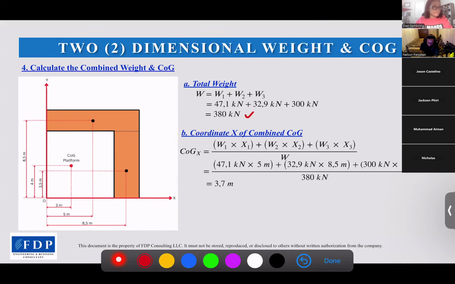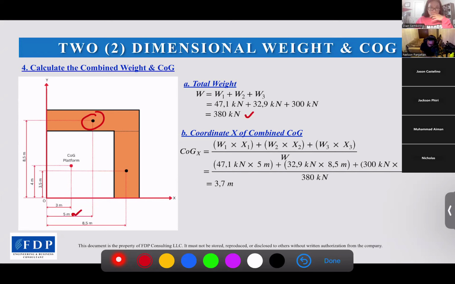For the coordinate x of the COG, we can easily use the same formula. Weight of item one is here, the COG is here, the coordinate x is 5 meters.